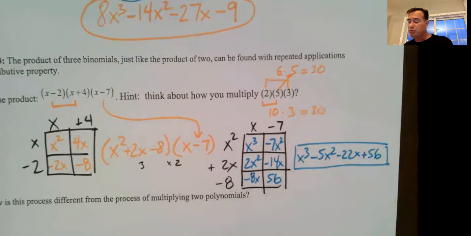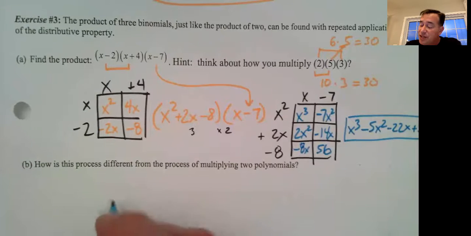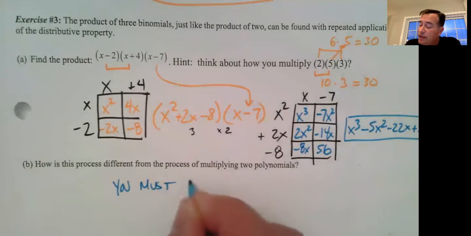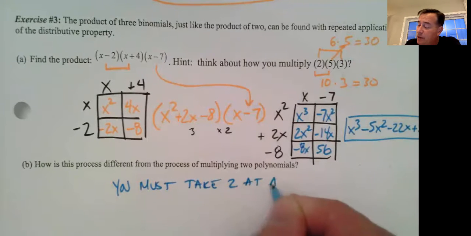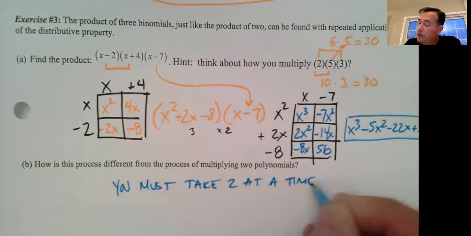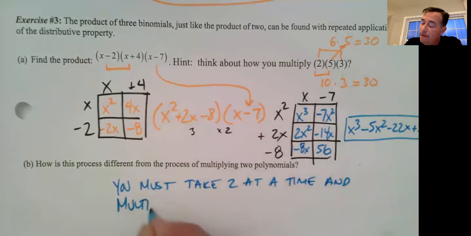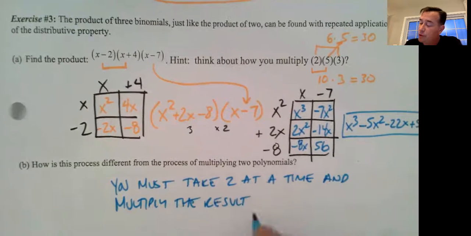Now it talks about how this process is different from the process of multiplying two polynomials. The only thing that's different with this is that you must take two at a time and multiply the result times the third polynomial.